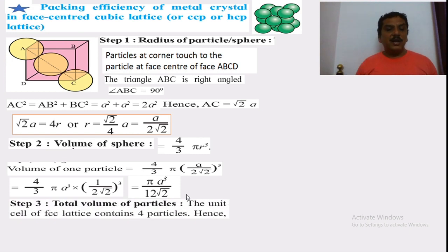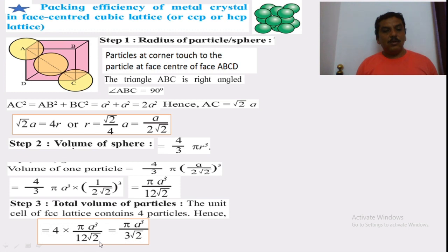And for the total volume of particles, as I have mentioned, in case of FCC there are 4 particles per unit cell, hence we have to multiply the volume of one particle by 4. Hence 4 into pi a cube upon 12 root 2 is equal to pi a cube upon 3 root 2.